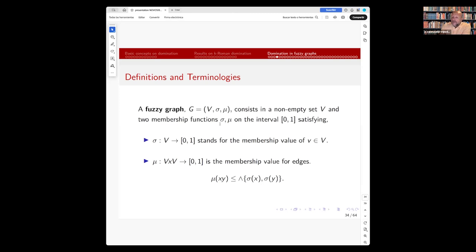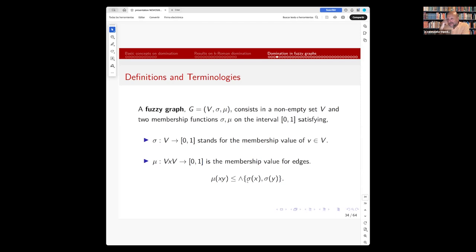Sigma is the membership value of the vertices, and mu is the membership value of the edges, but satisfying the condition that mu is a fuzzy relation with respect to the sigma function, which means that the value of the membership for the edge is always less than or equal to the minimum value of the membership value for its end vertices.